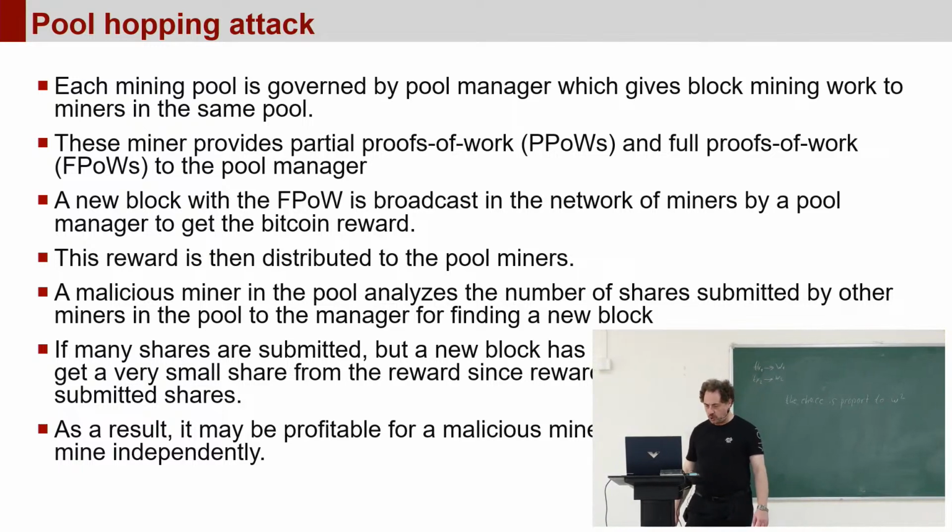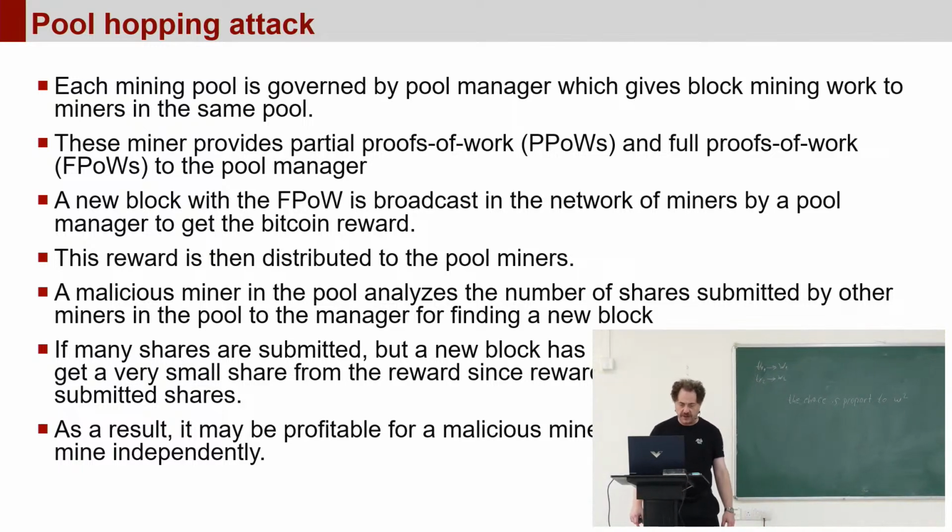So how does it work? Each mining pool is governed by a pool manager, which gives block mining work to miners in the same pool. And the individual miners in the pool provide partial proofs of work and full proofs of work to the pool manager.